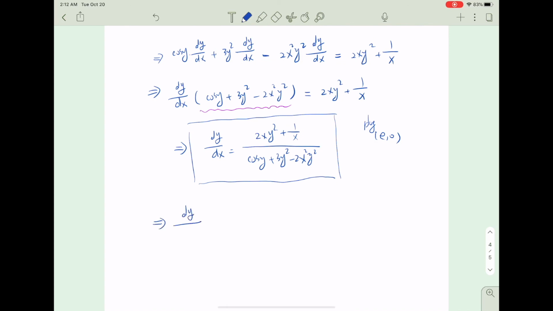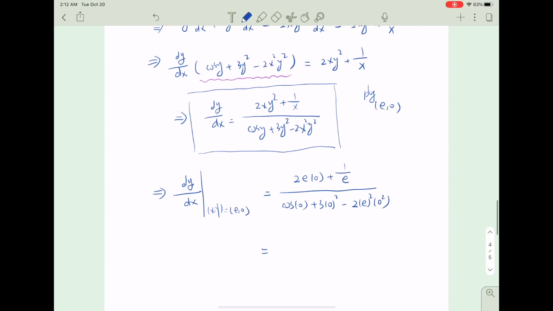So find this out, plug in x, y equal to (e, 0). That is, x is e, so we have 2 times e times 0 plus 1 over e, over cos of 0 plus 3 times 0 squared minus 2 times e squared times 0 squared.